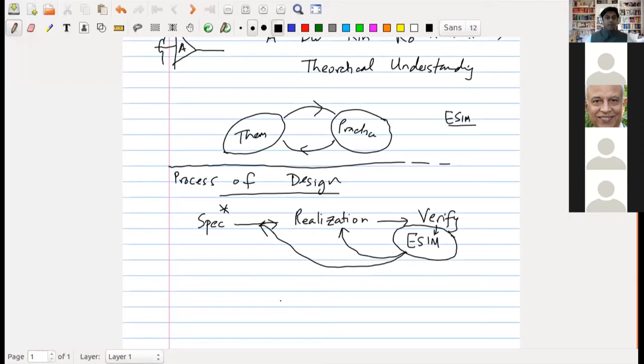And one more thing I want to point out, most students are very poor at a very important thing, which is called documentation. So when you say I'm going to build this, you should be able to write a specification which a normal person can understand. When you go through a realization process, you should document that realization process, saying here are the decisions I made.